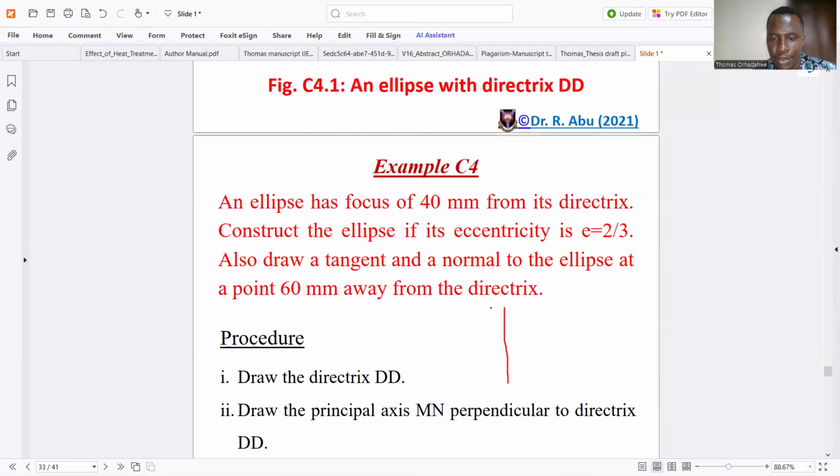This line is your directrix, DD. You can pick any point along the line. So 40 mm. If you measure 40 from this point, let's say to somewhere here, this becomes your focus, F.